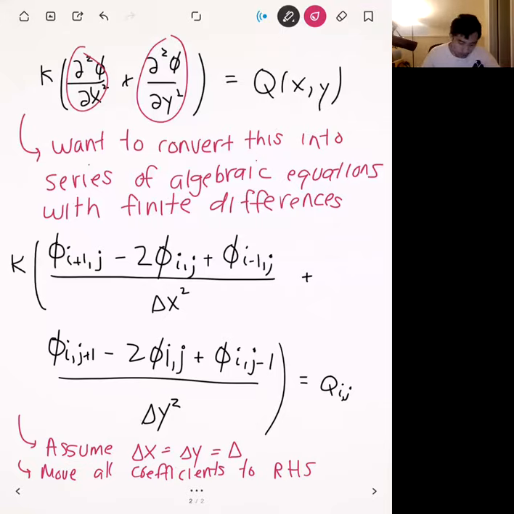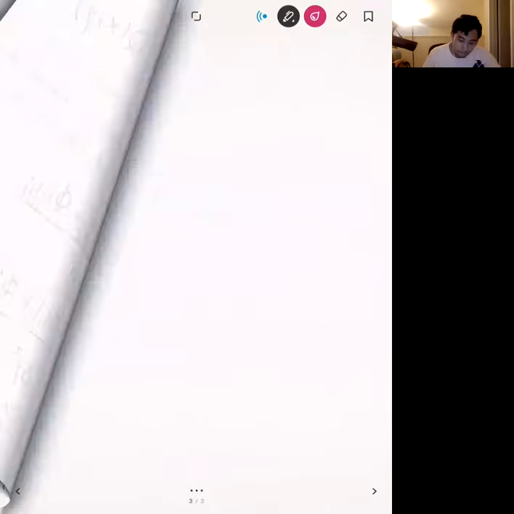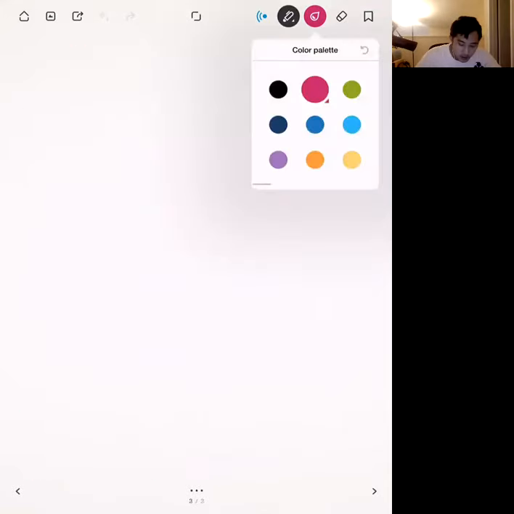Once we do that, we can take these two terms, because both of these are the same, phi i j, which is the phi value at this node, and then we can combine them into one term.